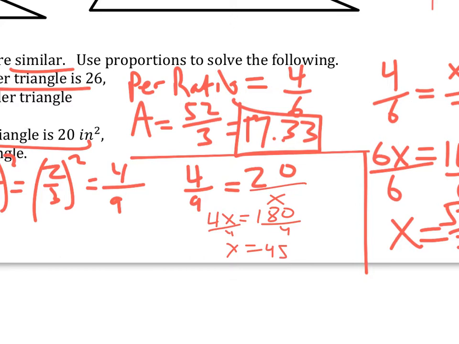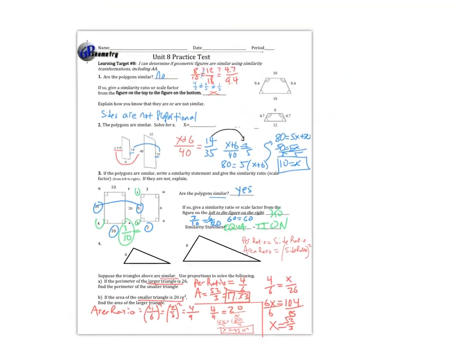Okay? 45 degrees. Sorry about that. Not degrees. 45 is our area. 45 square inches. All right. There you have it. All right. So that's the idea. So we find the ratio of the areas using the square of the side ratio.